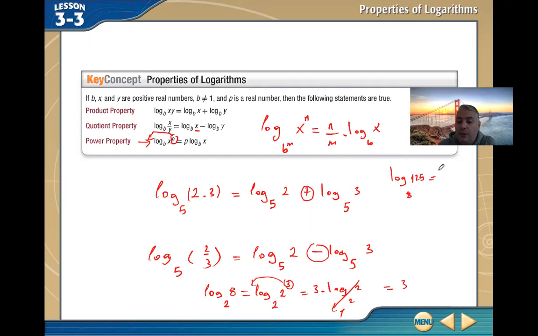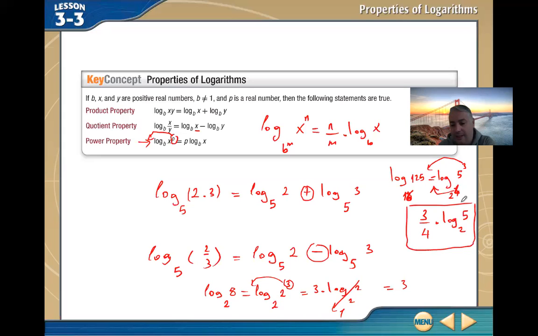This is equal to logarithm of 5 to the power of 3 and 2 to the power of 3. Or let's say this is not 8, maybe 16, better, 16. So it will be 4. And then this comes here, this comes here. It means 3 over 4 times logarithm of 5 to the base 2 is the final result. That's it.